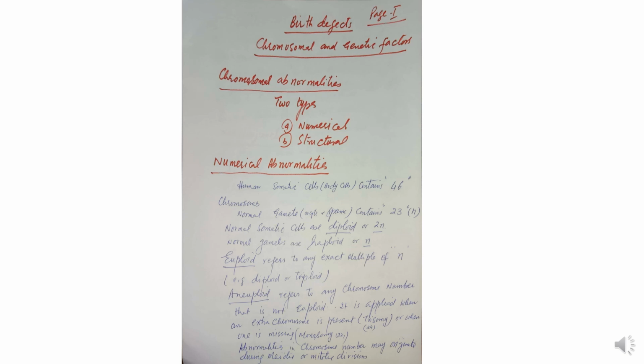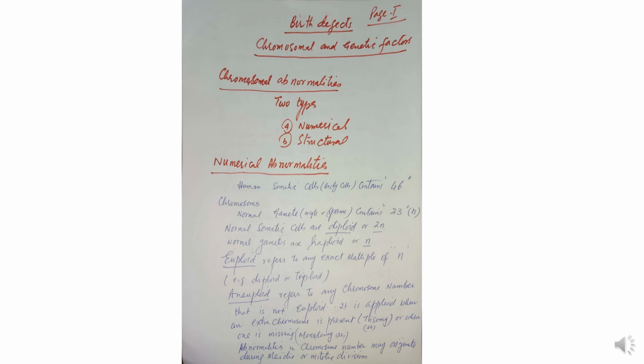So if a chromatid fails to separate, it may not pass on to the other cell. In this way the number varies: it becomes 47 in one and 45 in the other, because one failed to separate and passed on to one cell, and the other fails to receive it.